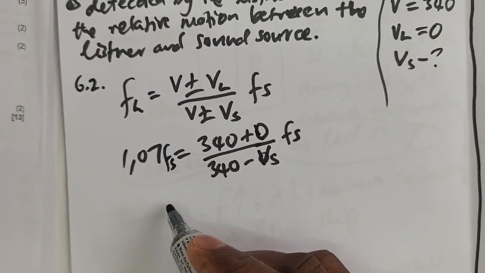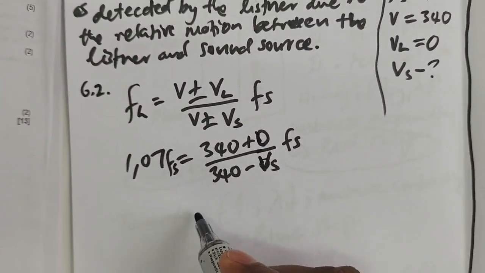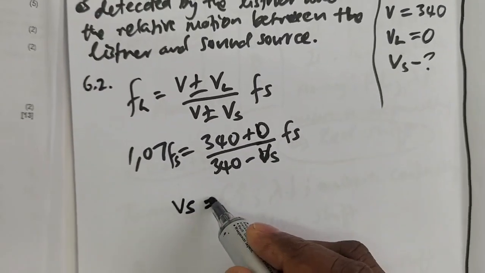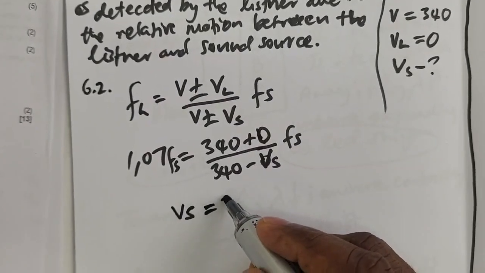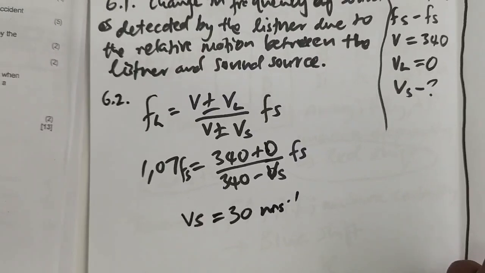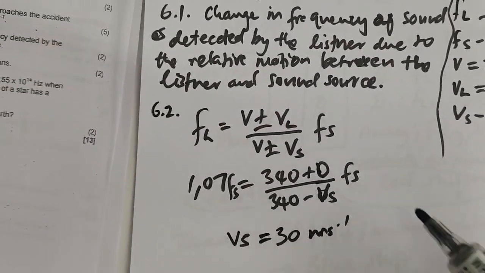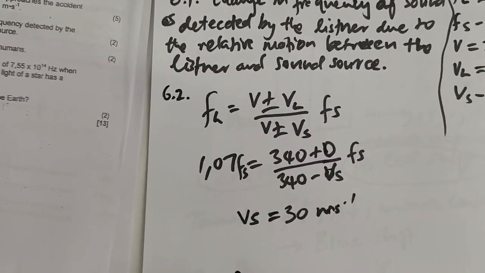Now you need your calculator, and you will end up with Vs around 30 meters per second. Fine.